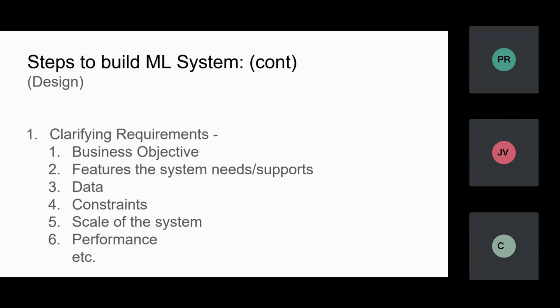As discussed before, the way data changes and the way user behavior changes, the performance of the system should also be kept in check in order to keep the system relevant with time.